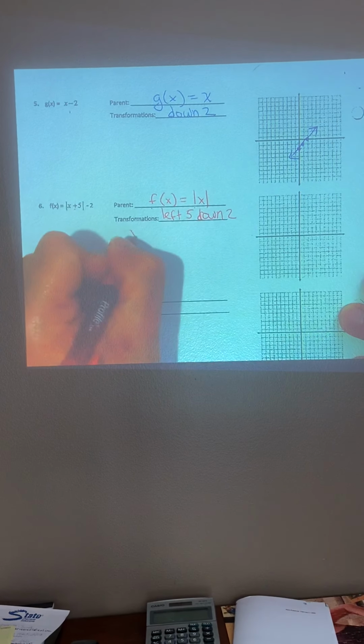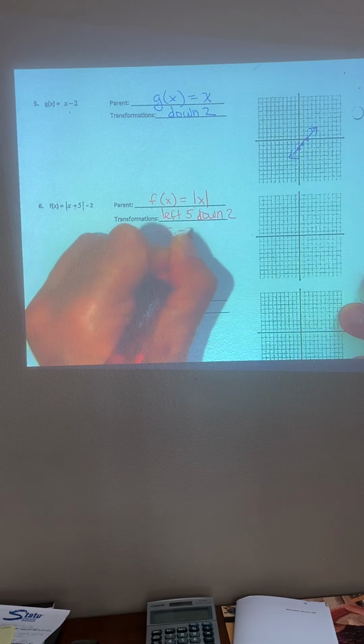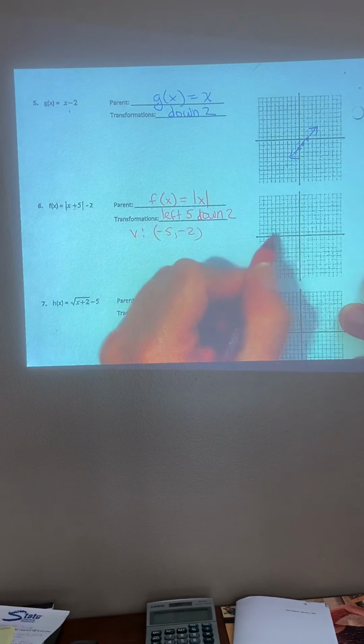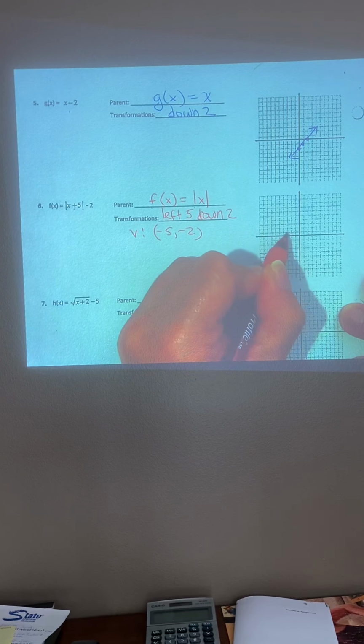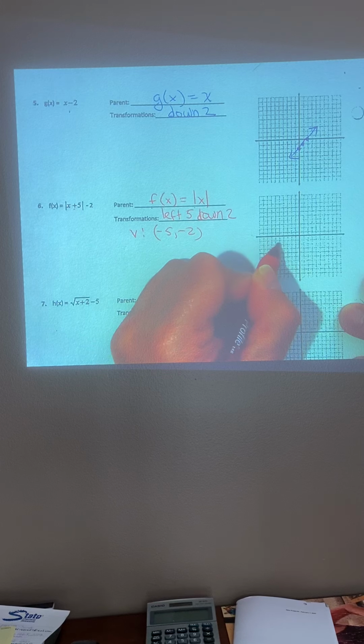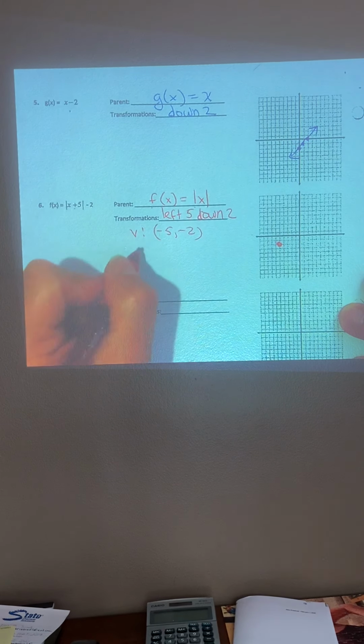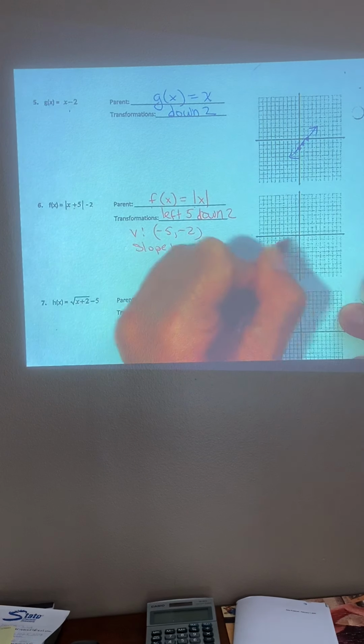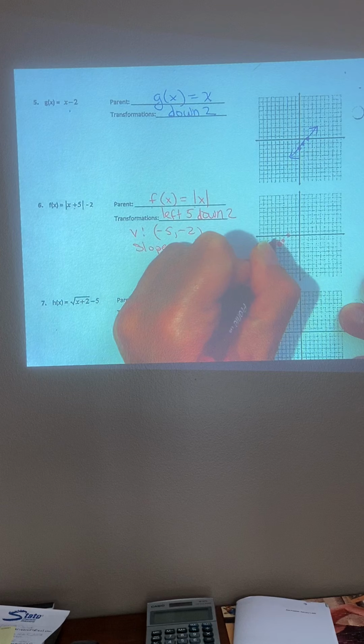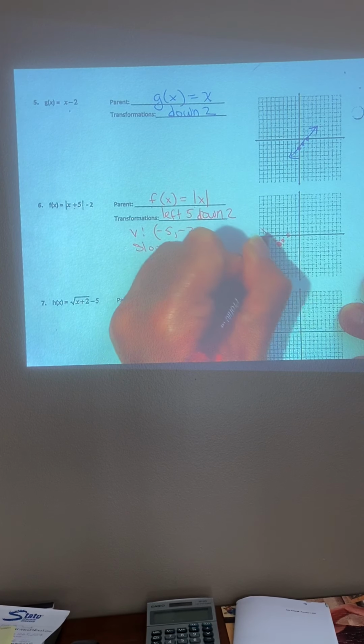So that's my vertex, negative 5, negative 2. And from here our slope is 1. Up 1, over 1, up 1 over 1, up 1 over 1, up 1 over 1.